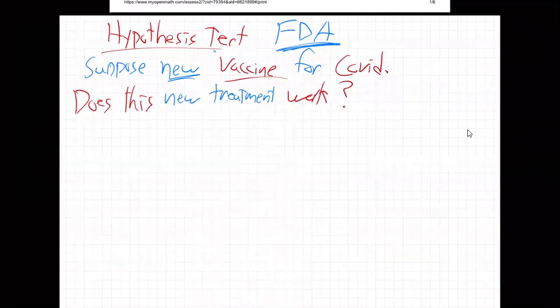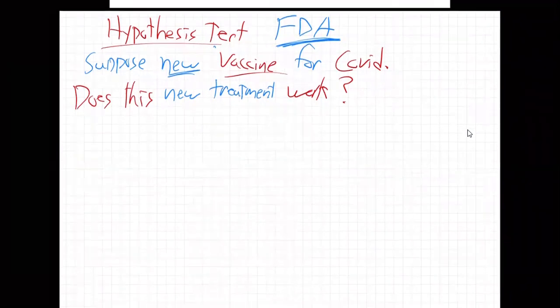They're not just going to suddenly give it to everybody in the world, right? What are they going to do? They do trials. Exactly, we all know that, right? They try it out.